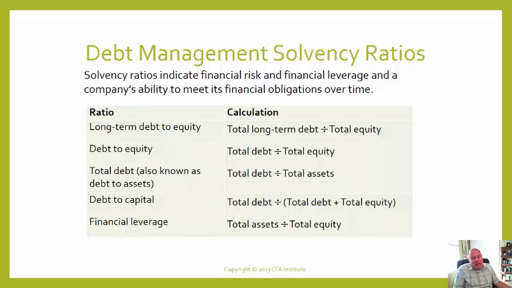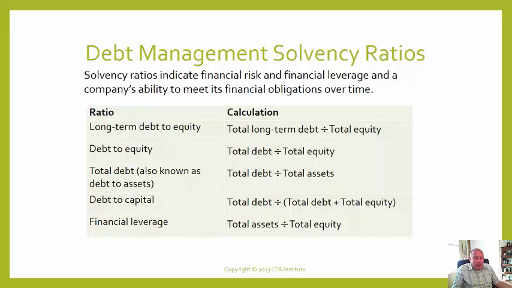For this class of ratio, a higher ratio indicates a weaker capital structure or solvency. Generally, the total debt, known as debt to assets, can be found directly on the company's financial statements. And the one that I prefer to look at, and one that we're going to focus on here, is this financial leverage.